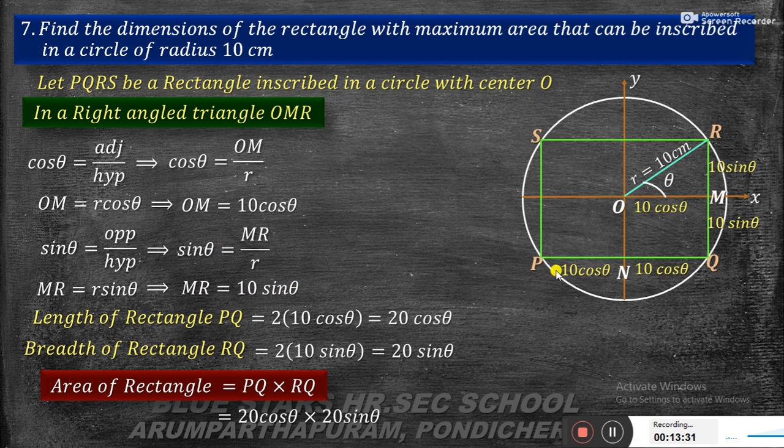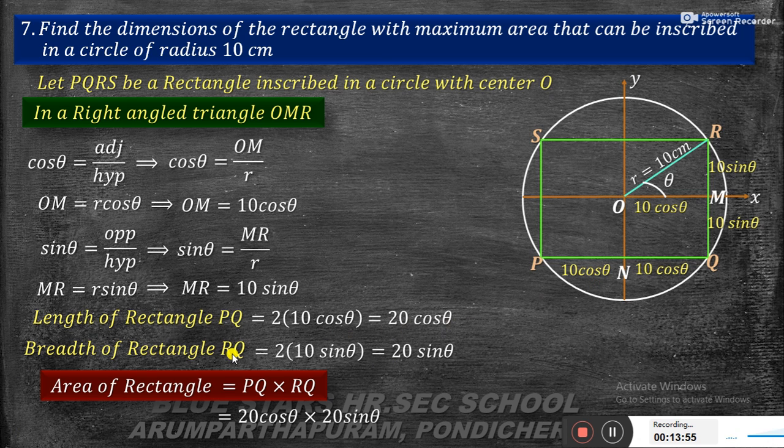Length of the rectangle is PQ. Here the OM length is 10 cos theta. The OM length and NQ length are the same, so 10 cos theta, and the PN is also 10 cos theta. Therefore length of rectangle PQ equal to 2 times 10 cos theta, 20 cos theta.